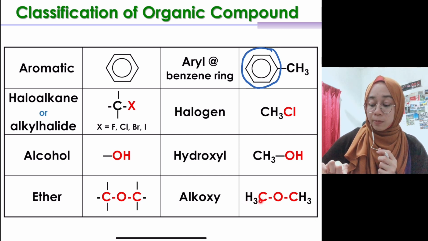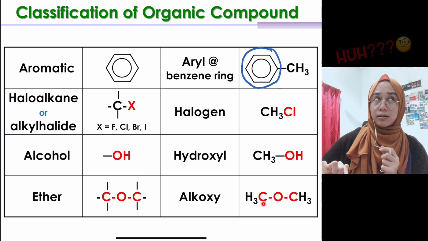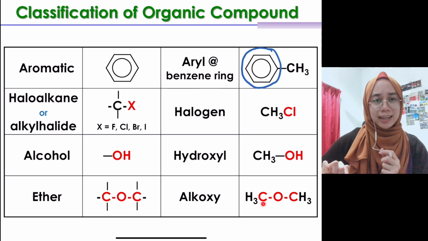Boleh je kalau nak letak H ni sebelah kiri kalau dia berada dekat hujung, but make sure that the 3 masih lagi sebelah kanan kepada H kita. Okay, the numbers must be on the right side. Dia tak boleh sebelah kiri.